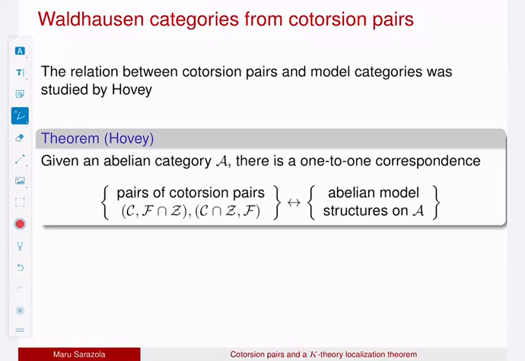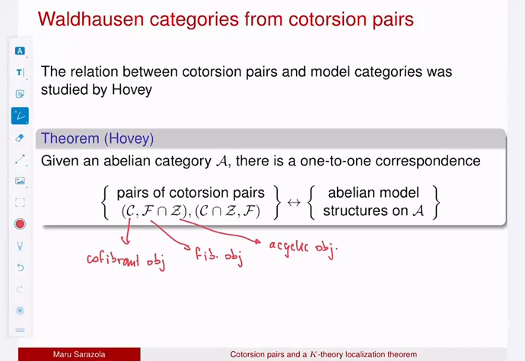And the idea here is that this class C is going to be the class of cofibrant objects in our model categories, and the class F is going to be the class of fibrant objects in the model category, and the class Z is going to be that of acyclic objects. So the ones weakly equivalent to 0.